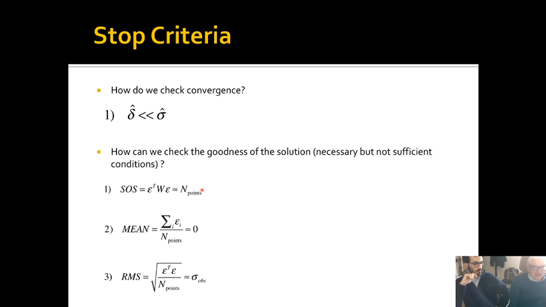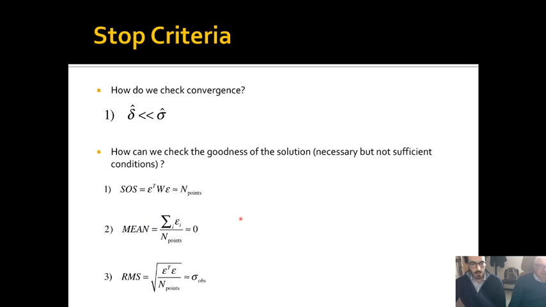Of course, there will be residuals which are larger than the sigma, residuals which are smaller than the sigma, but on average, one must expect that the sum of squares is equal to the number of points. This is called the sum of squares, SOS.